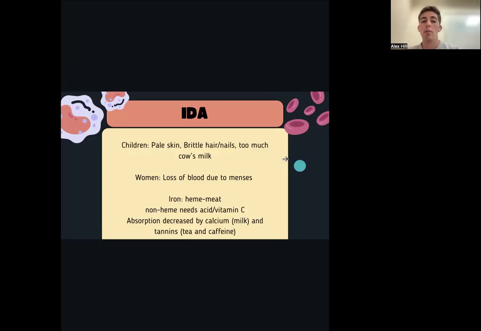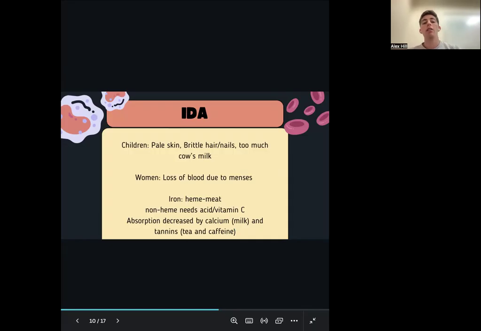And then also, too much cow's milk can prevent absorption of iron. And then women can have iron deficiency anemia due to a loss of blood during menses. So I just want to encourage you to go into the packet and look at the definitions for IDA in women and what qualifies as menorrhagia, or excessive bleeding.